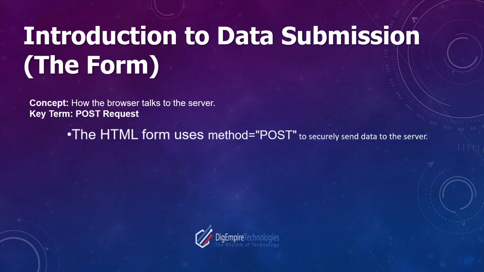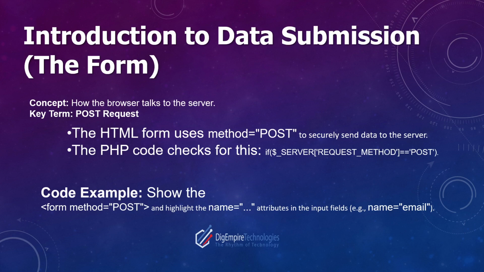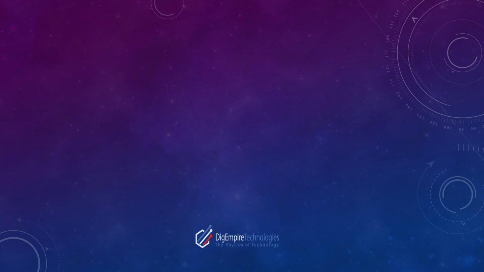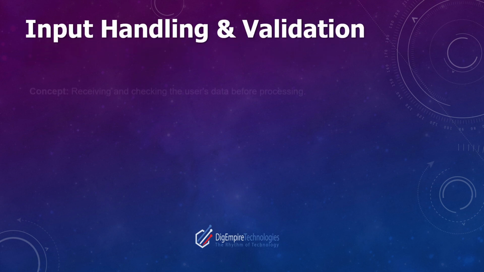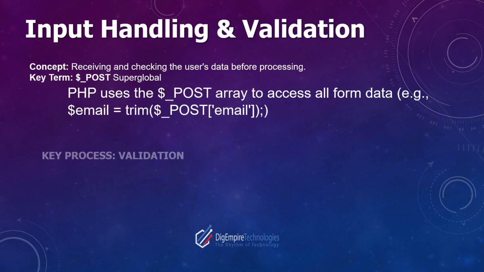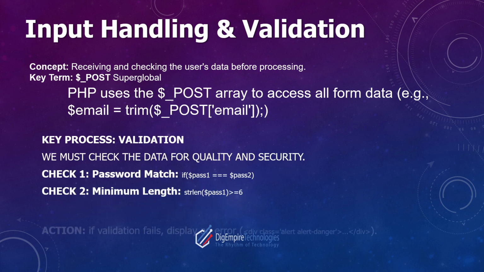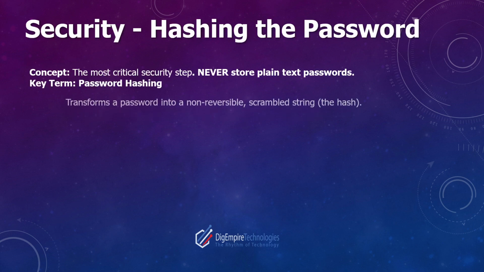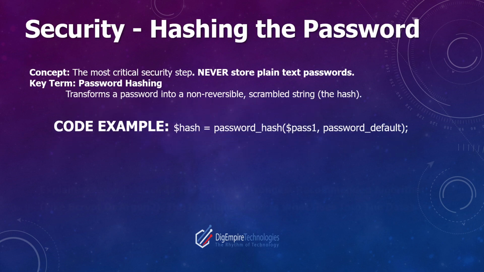So we looked at post requests and the method itself, the way it is outlined. We looked at input handling and validation. We moved on further to look at the security and hashing the passwords.